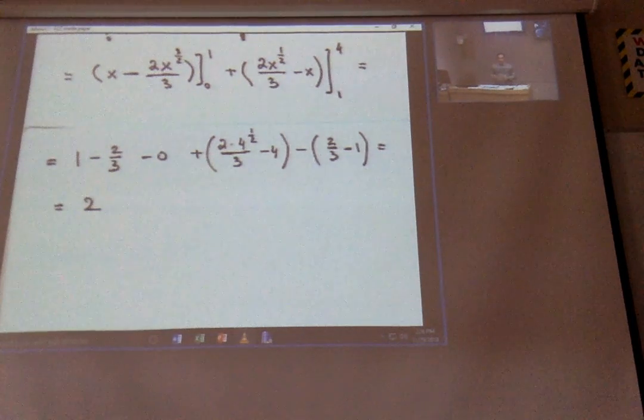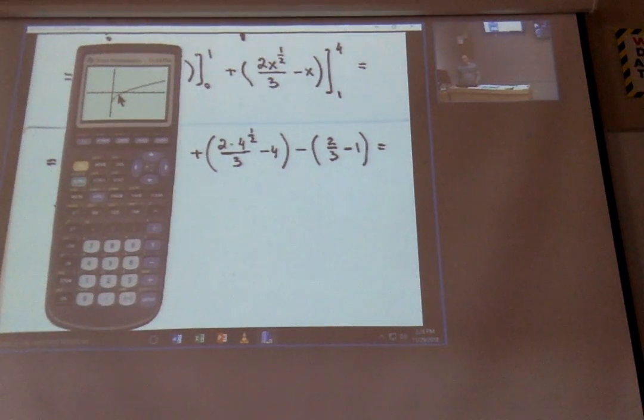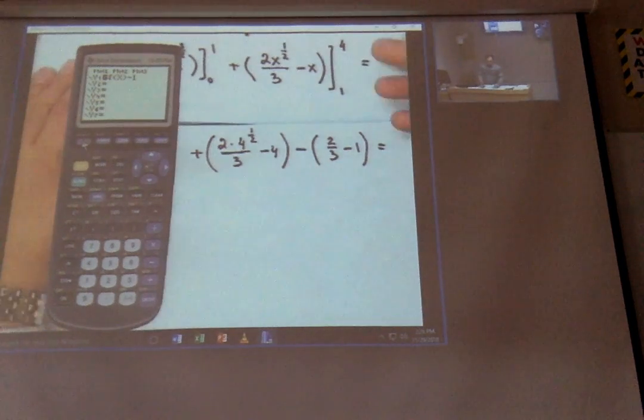Okay? Now, again, how do you check if you got this right? Well, you're going to go to your calculator, but now instead of just the function, you're going to put absolute value of that function, because you want to see exactly the original one.